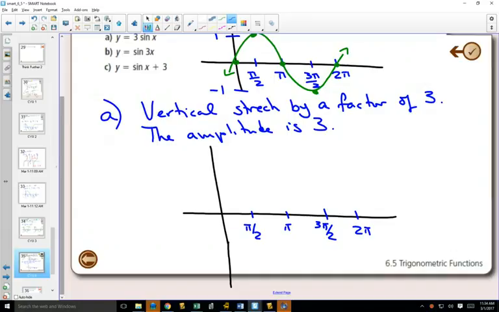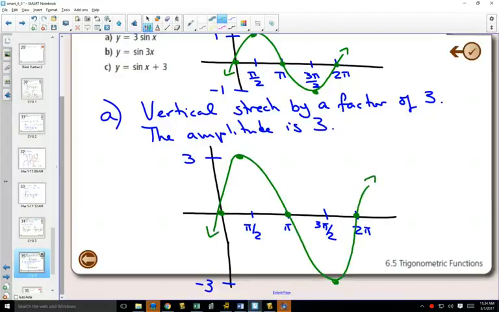So from the middle, we're going to go up to 3 and down to -3. Where does sine start? Sine starts in the middle going up, so now the maximum's up here, back to the middle, down to the minimum, back to the middle again. And there we have the graph of y equals 3 sine x.